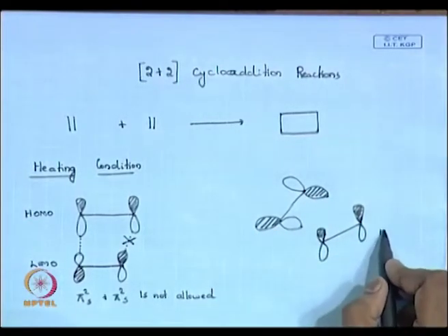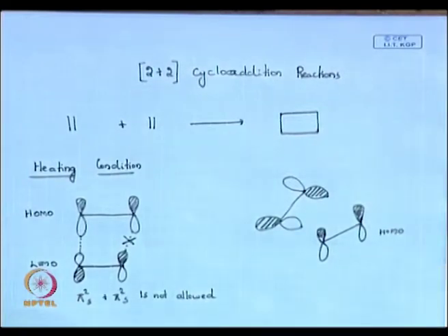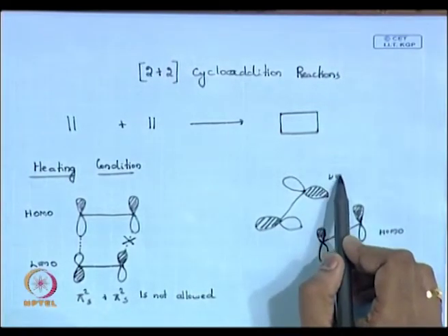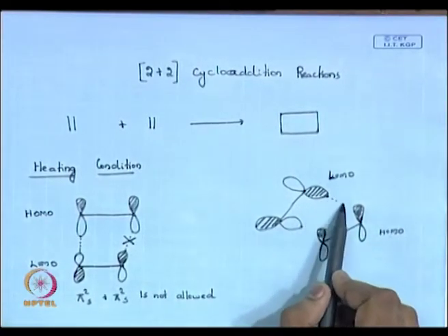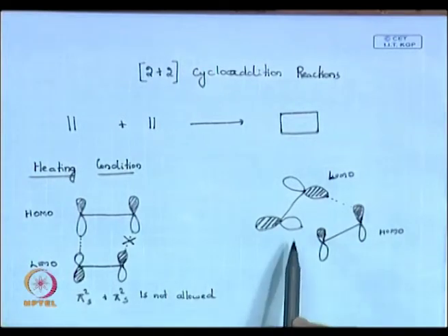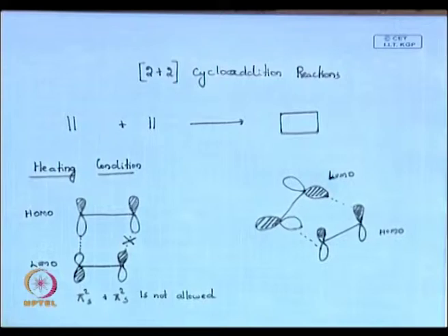This is your HOMO, for example, I am considering like that, and this is your LUMO. So, now you always have a chance, if it geometrically favors, of making like this. Then you can say this is pi 2s plus pi 2a.